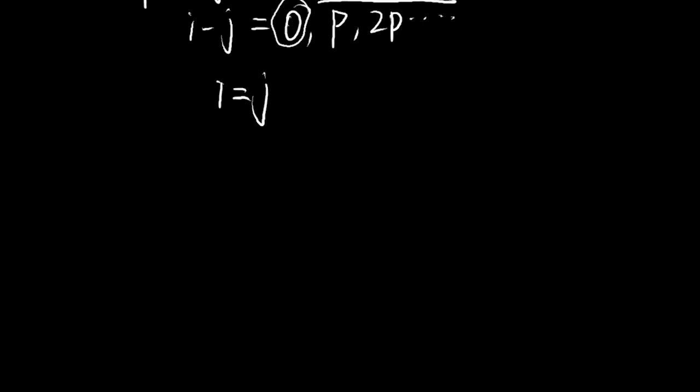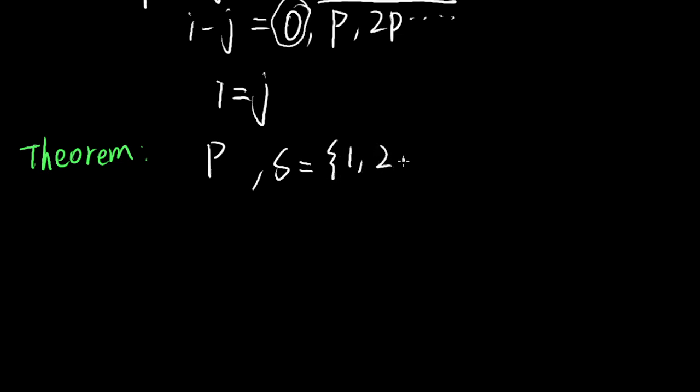What this tells us is that we can write it in a more formal way. We have p be a prime, and S be the set of 1, 2, 3, up to p minus 1. Now we neglect 0. We can neglect 0 because 0 times a is equal to 0, so we can neglect it directly, and it won't affect the property of uniqueness.